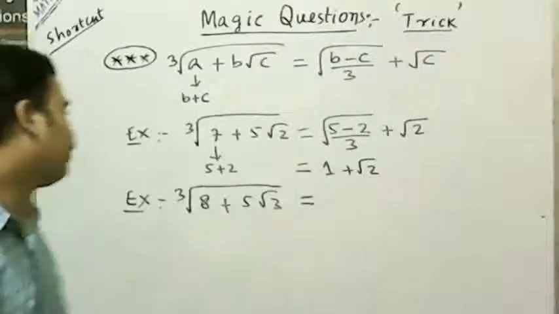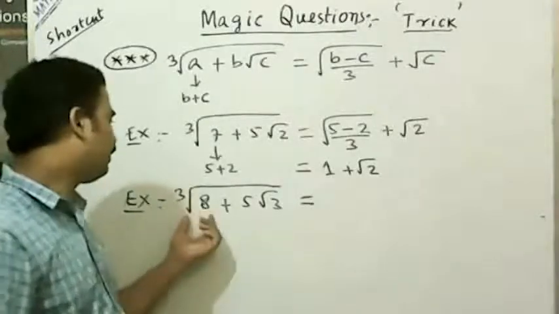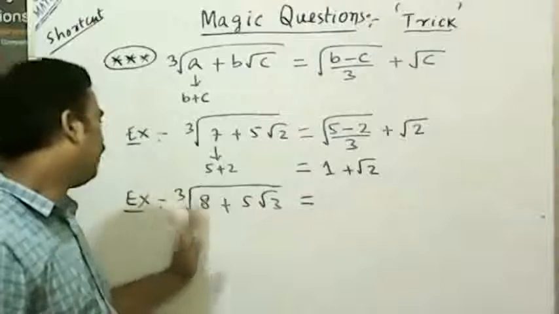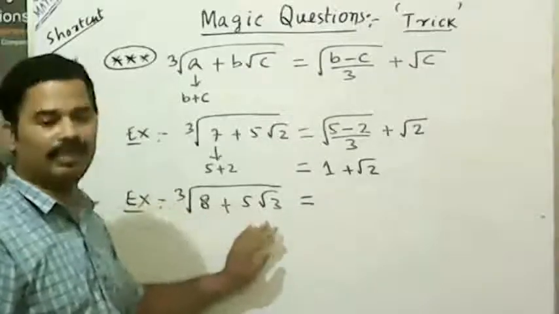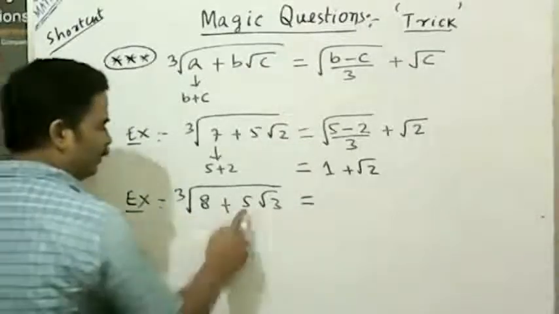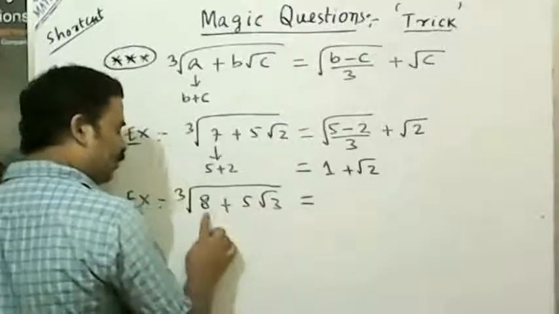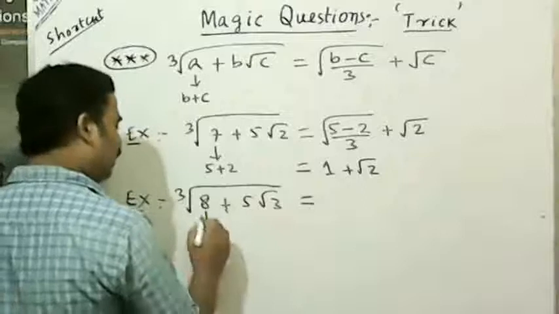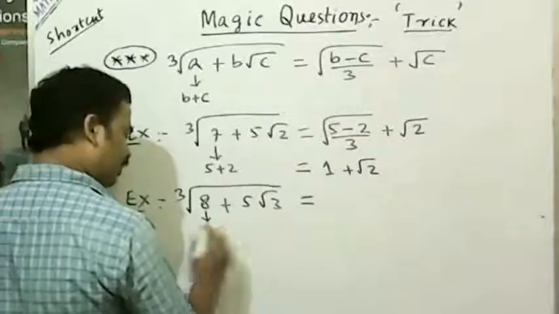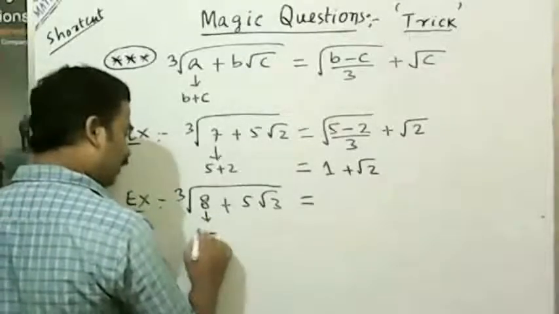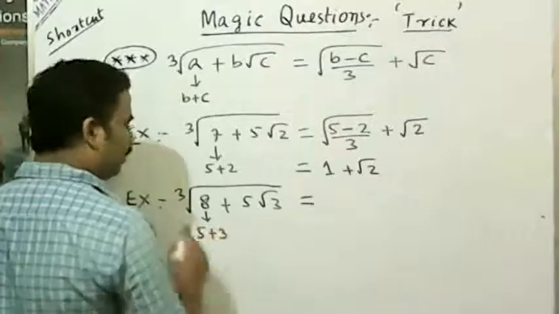Now you take another question: cube root of 8 plus 5 root 3. Now you check whether this is b, this is c. So 8 is equal to b plus c, which is 5 plus 3.